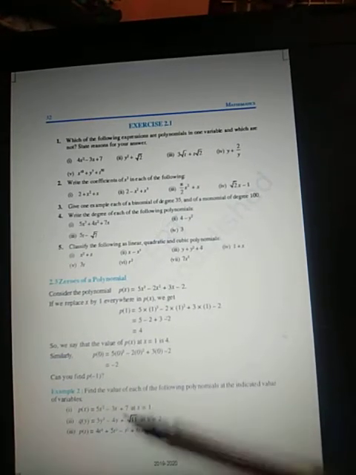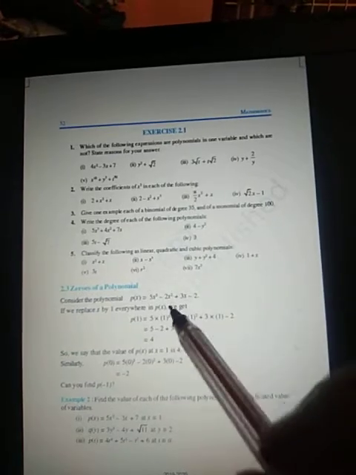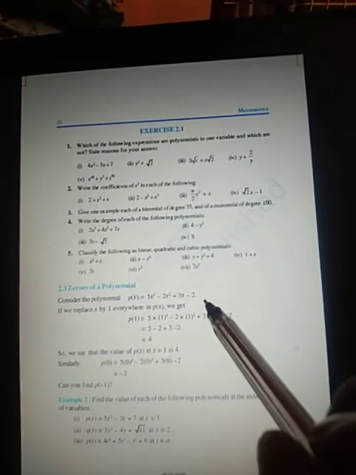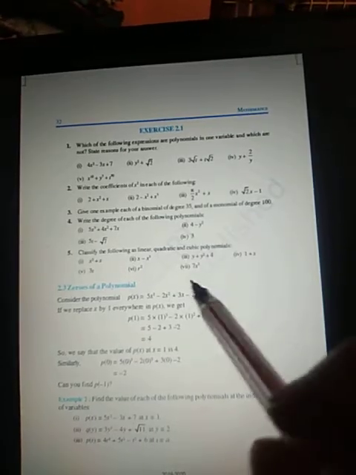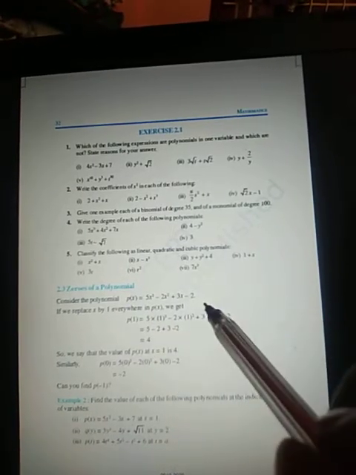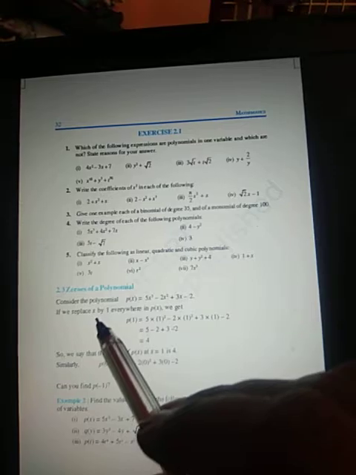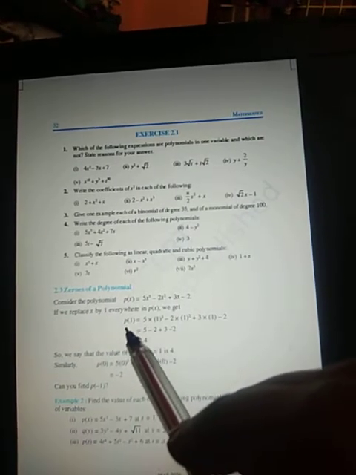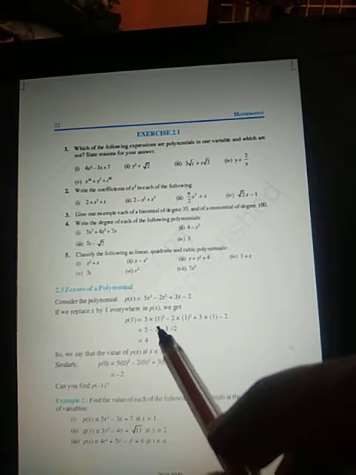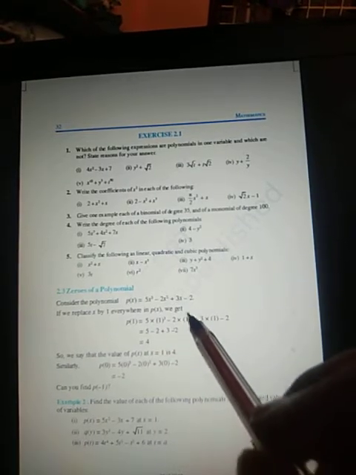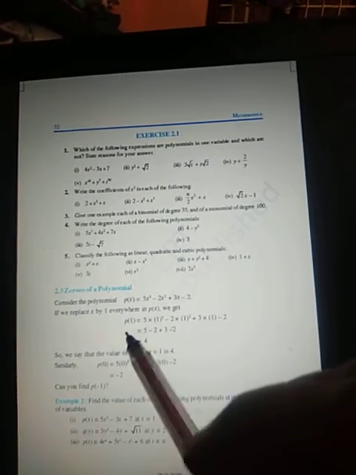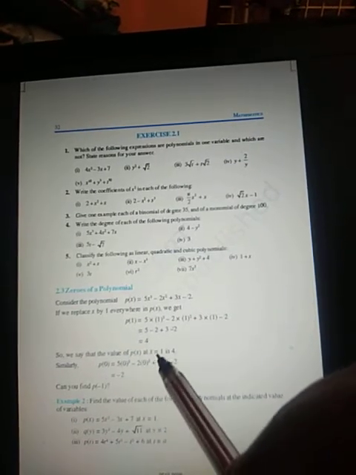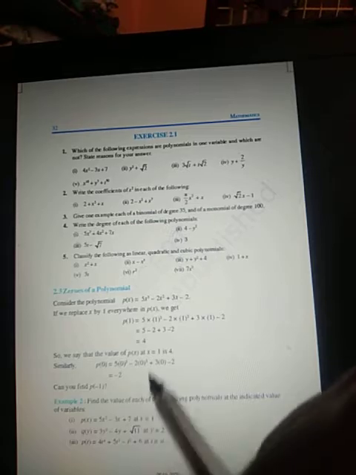Just understand that there is one polynomial expression given, and we find the value of p of x at x equal to 1. So p of 1 is 4. Likewise, we can find p of 0, p of 1, p of minus 1.